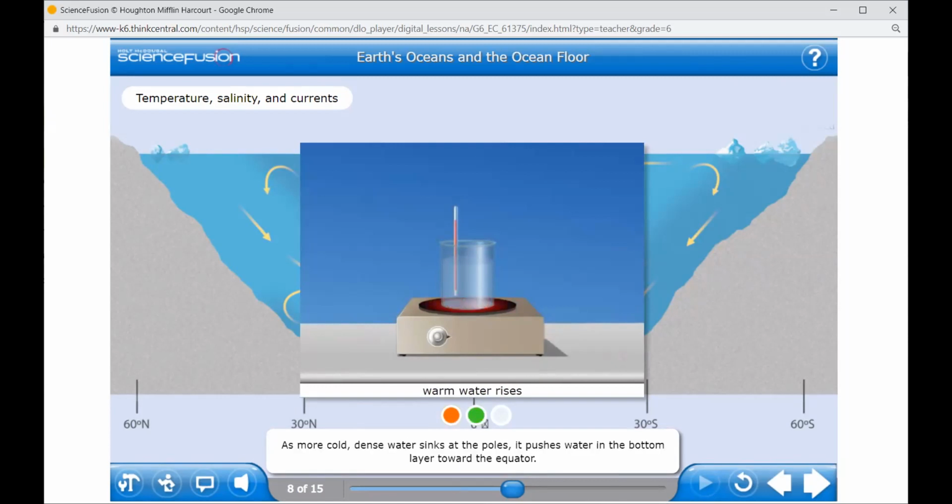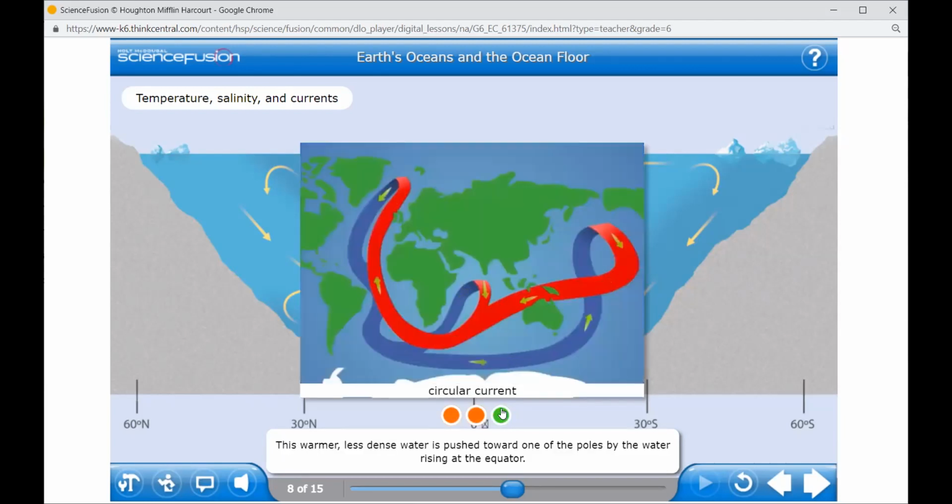As more cold, dense water sinks at the poles, it pushes water in the bottom layer toward the equator. Near the equator, this water rises as it warms up and is heated by the sun. This warmer, less dense water is pushed toward one of the poles by the water rising at the equator.